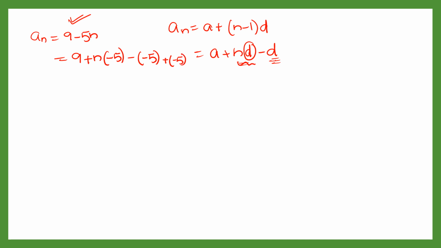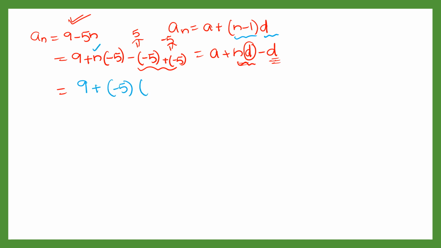Here minus into minus, it is plus 5. Here it is minus 5. 5 minus 5 is 0. So we are adding minus 5, we are subtracting minus 5. Answer you get 0. So there is no issue. We can do this. So next you can do what? 9 here. Next step is take common difference d. Now here common difference is what? Minus 5. Take it as common.